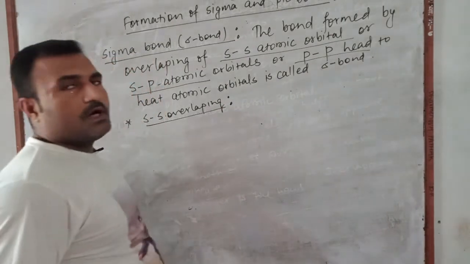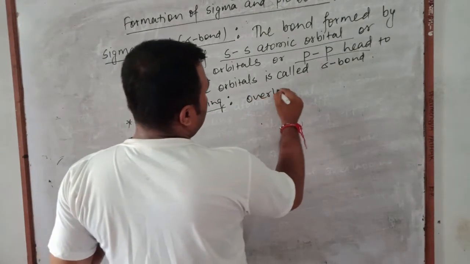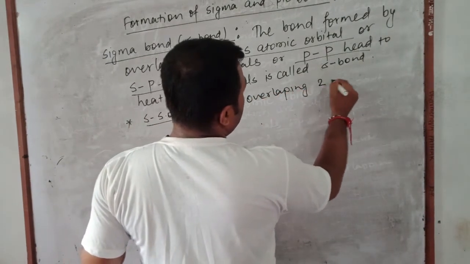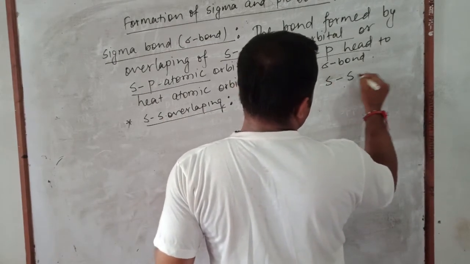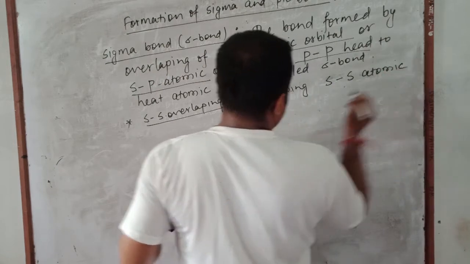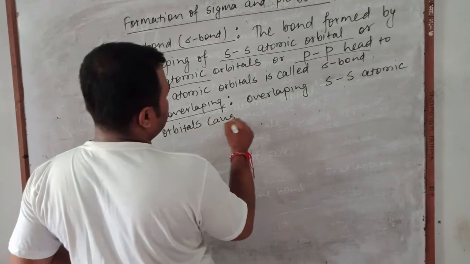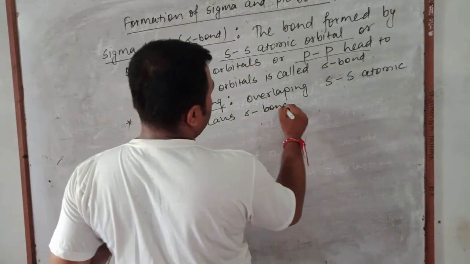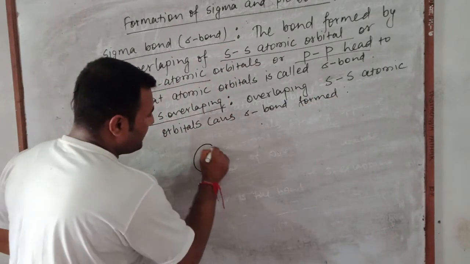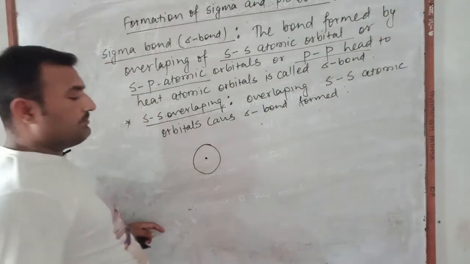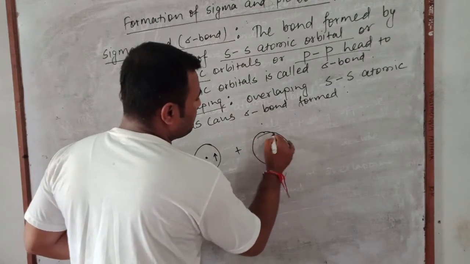Suppose two s atomic orbitals overlap; overlapping of two s atomic orbitals causes a sigma bond to form. The s atomic orbital has a spherical shape, and two s atomic orbitals have electrons of opposite spin.